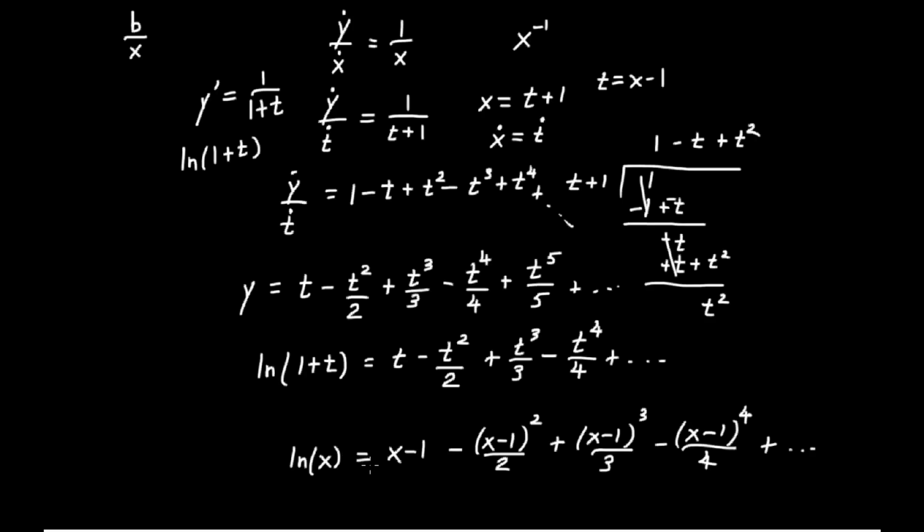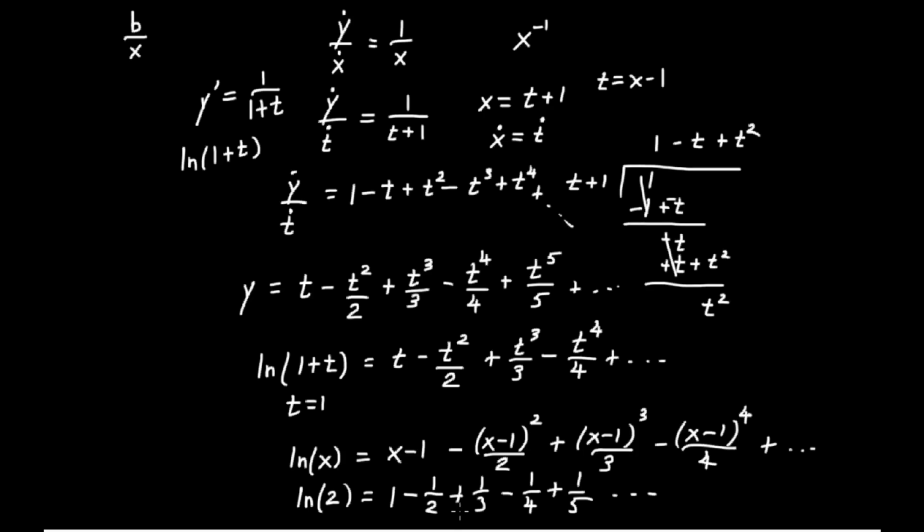And the last thing I'd like to point out with this calculation is a very interesting infinite series. If I plug in the special value t equals 1 into this series here, what I get is that the natural log of 1 plus 1, or 2, is equal to, now just substituting t equals 1, 1 minus a half plus a third minus a fourth plus a fifth, and hopefully you can see the pattern.